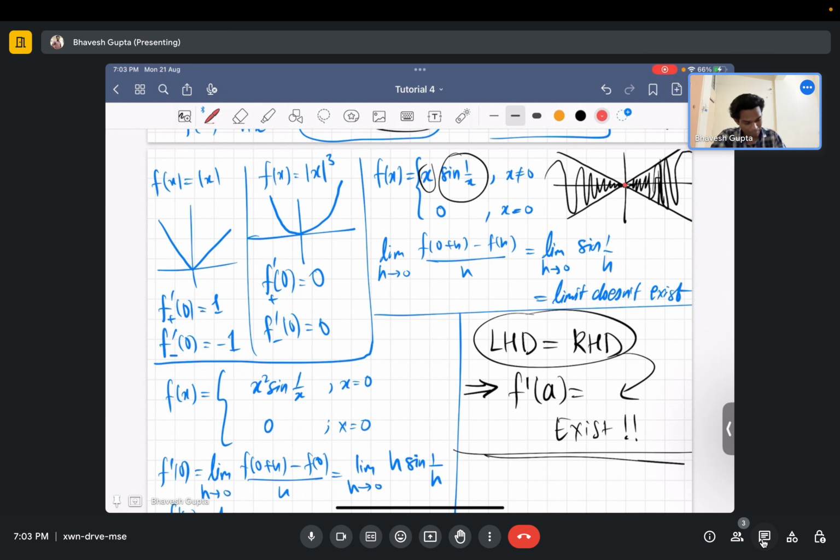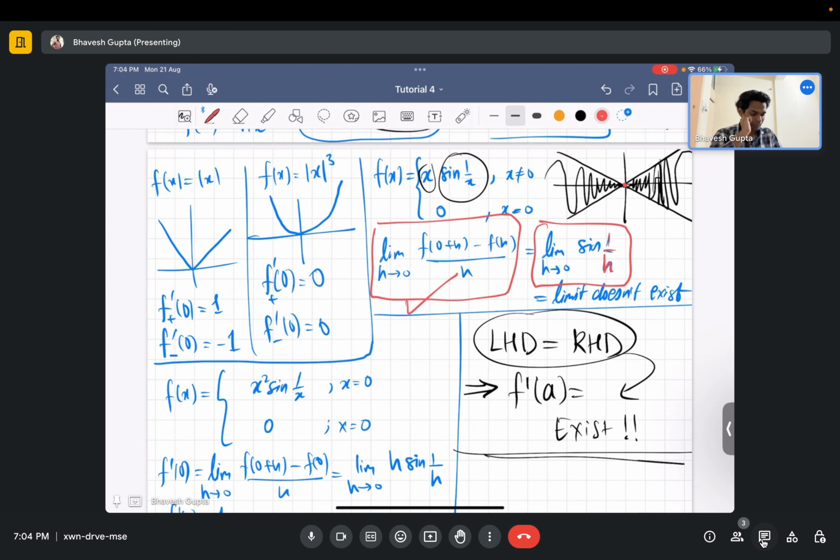Why? Because my definition of derivative was like this, and we see that over here my final result is basically a limit of a sine in which the argument is 1 over h.